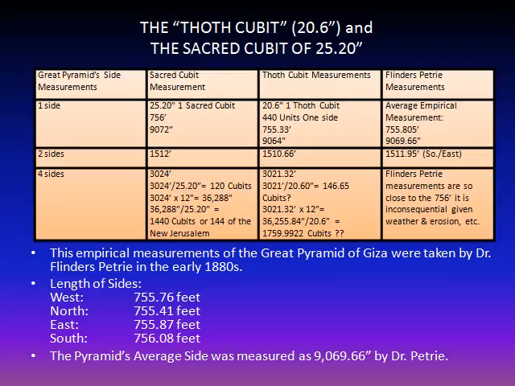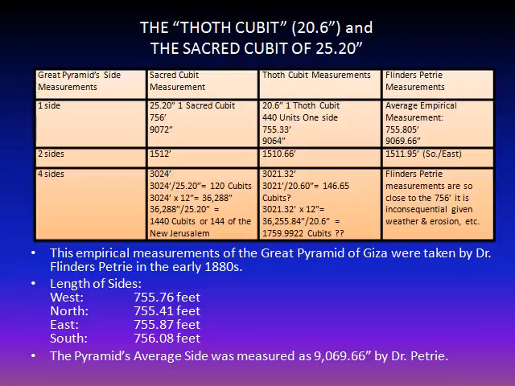Now, these empirical measurements of the Great Pyramid of Giza were taken by Dr. Flinders Petrie in the early 1880s. They are on the length of each of the sides of the Pyramid of Giza. On its west side, 255.76 linear feet. On the north side, 755.41 linear feet. On the east side, 755.87 linear feet.